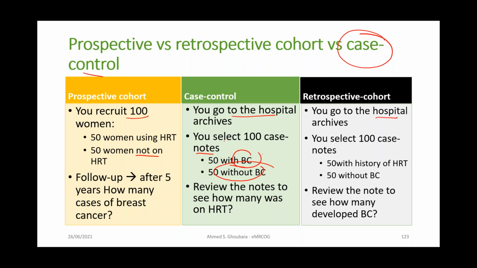Read this example. You go to the hospital archives. You select 100 case notes, 50 with history of HRT, 50 without HRT. This is the exposure, yeah? So you go to the hospital, you get two kinds of case notes, with HRT and without HRT.